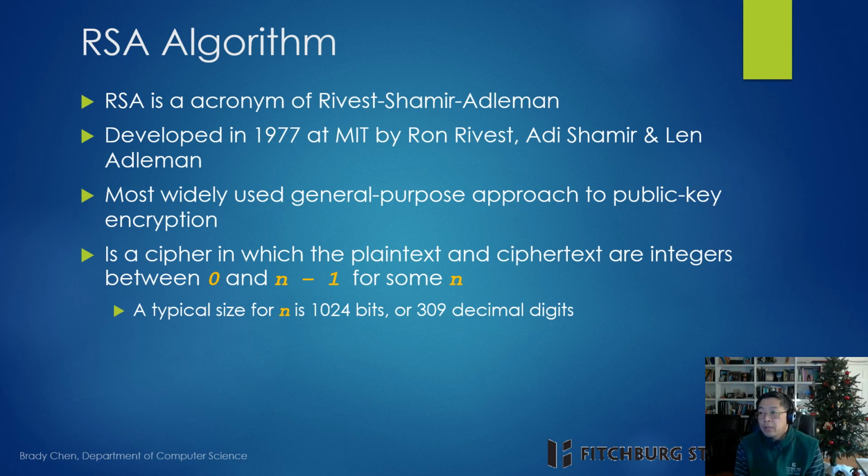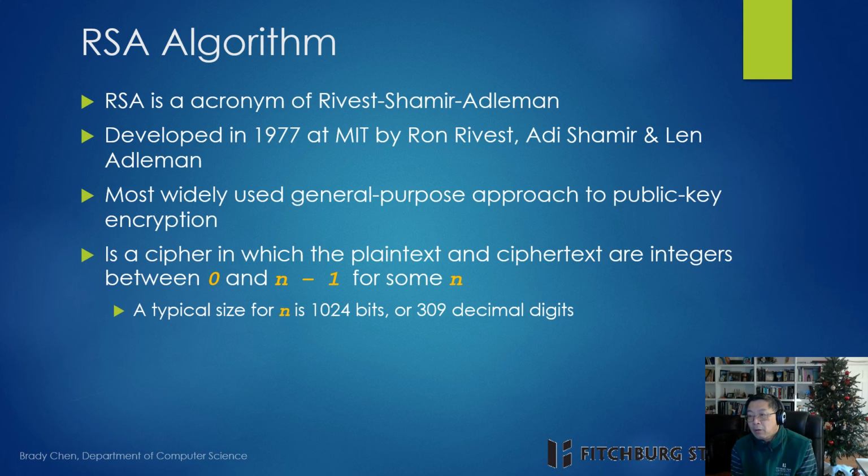These are three professors working at MIT. RSA was developed in 1977 at MIT by Ron Rivest, Adi Shamir, and Len Adleman. So RSA is a widely used general purpose approach to public key encryption.